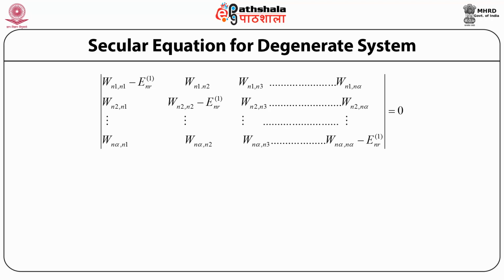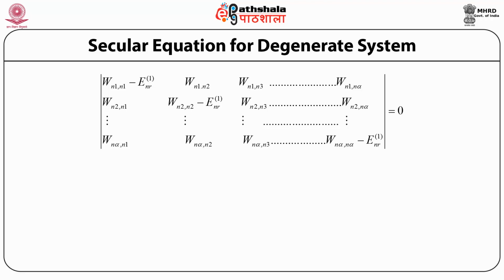So the determinant is 0, where the first element in the determinant is W n1,n1 minus E nr1. Second element, first row, is W n1,n2. Third element W n1,n3 till W n1,n alpha. Now similarly the first element on the second row is W n2,n1. The second element is W n2,n2 minus E nr1.